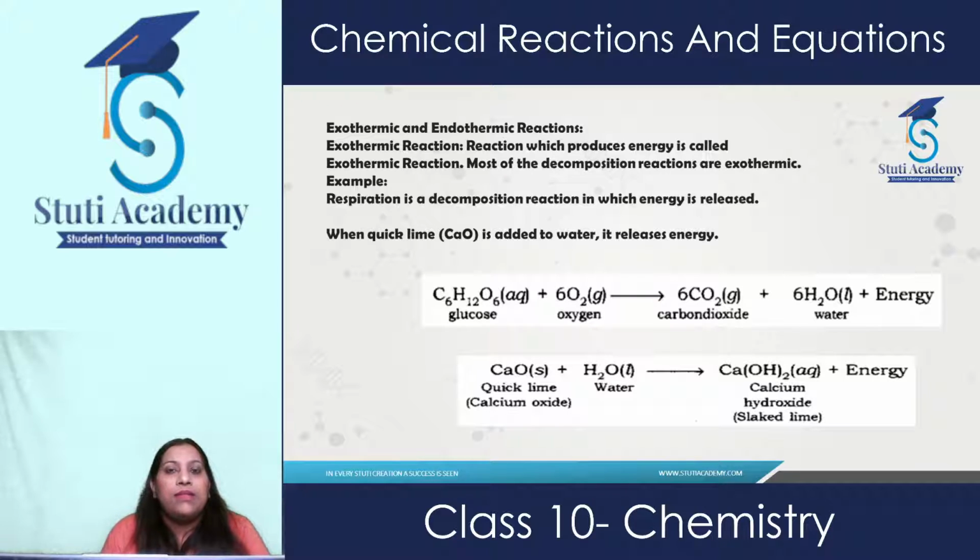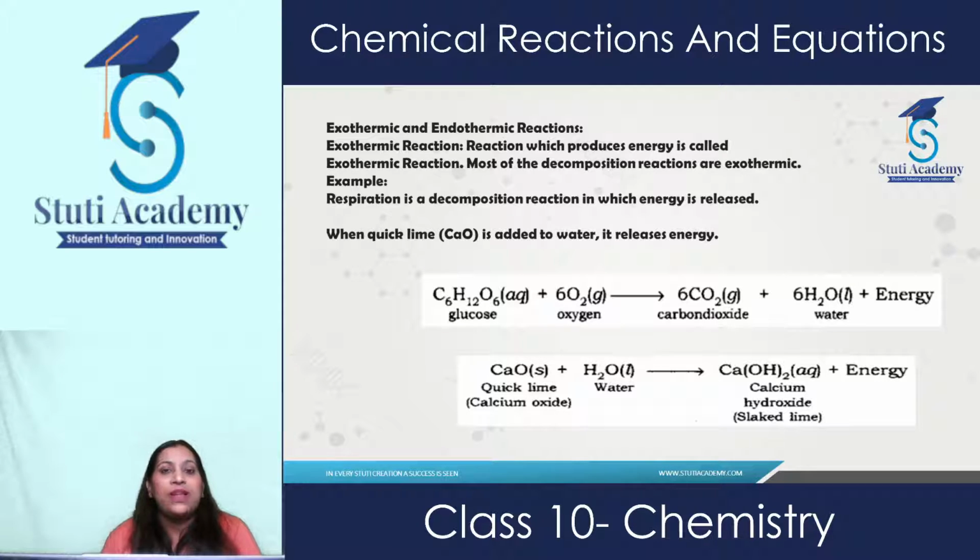Now the next types of reactions are exothermic and endothermic reactions. Exothermic means when energy is released. So a reaction which produces energy is known as an exothermic reaction. Most decomposition reactions are mostly exothermic because energy is released during decomposition reactions.